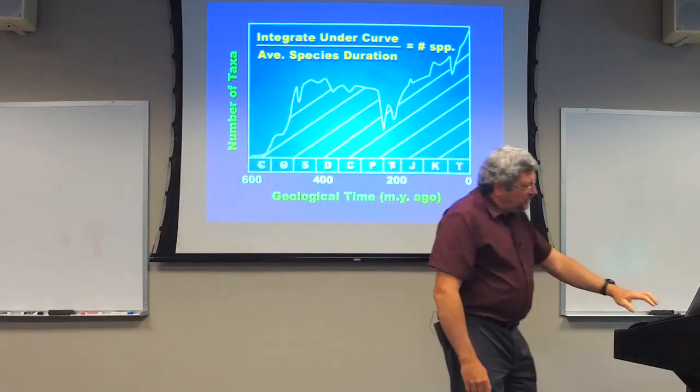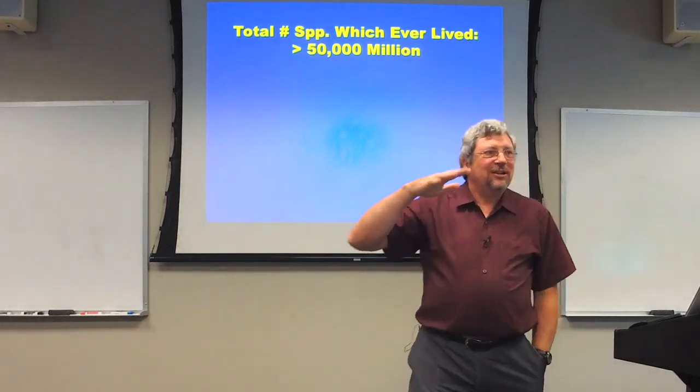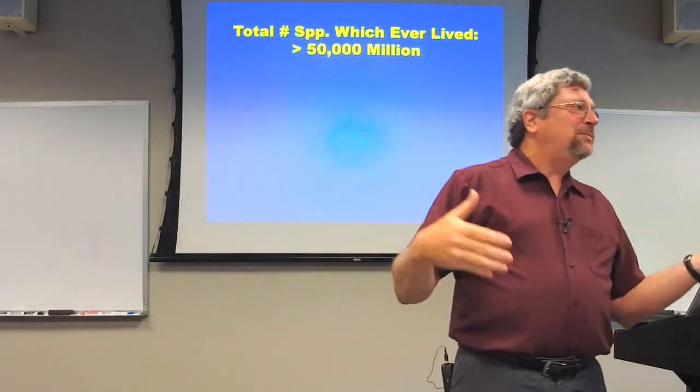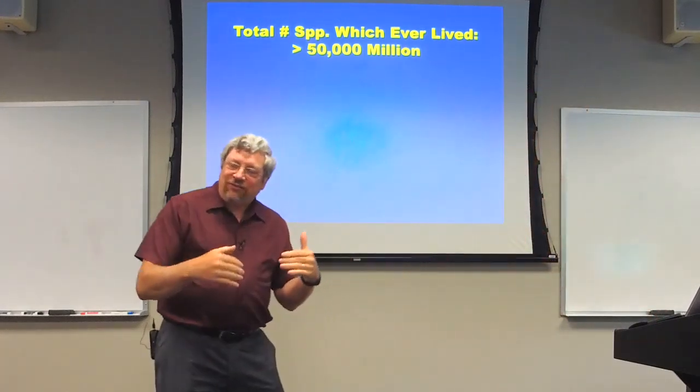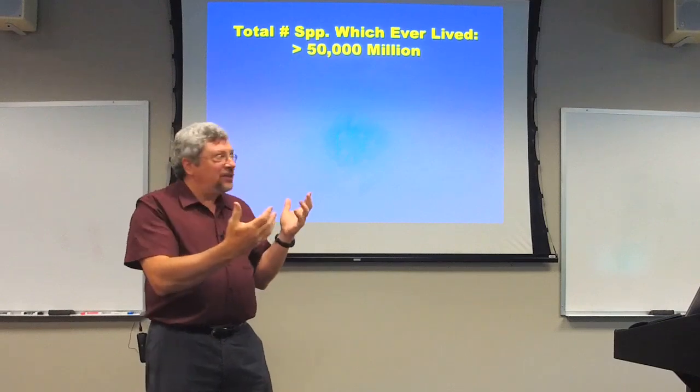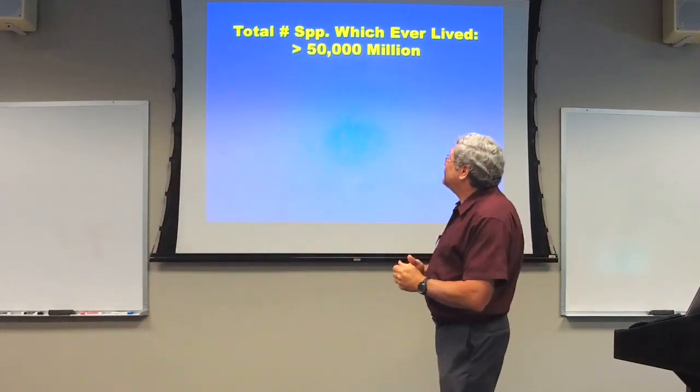So when you do that calculation, it's actually possible from this to estimate how many species lived in the entire duration of Earth history, if that curve represented the actual diversity of taxa through time.